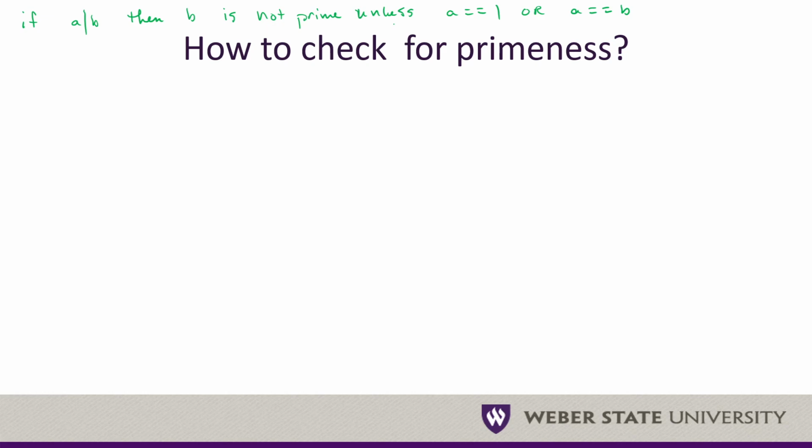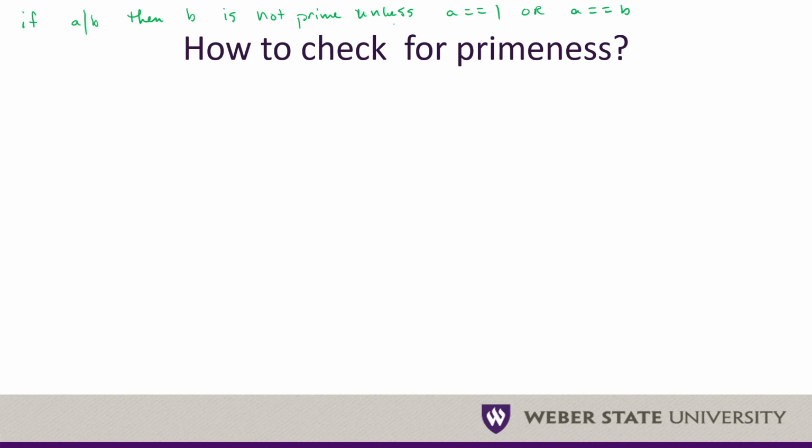Every number is always going to be divisible by 1. So I would start with 2. How far do I have to go? I start with 2. If 2 divides B, then B is not prime.